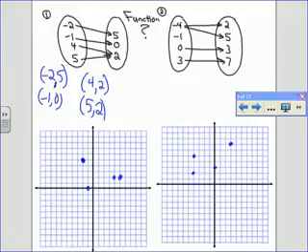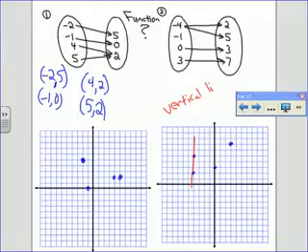What do you notice about this one? Another way you can tell if it's a function or not is when you visually look at the inputs and outputs. What do you think tells you, Brad? How else could you describe that? Yes. If you have any 2 points on the same vertical line, we call it the vertical line test, that tells you it's not a function.